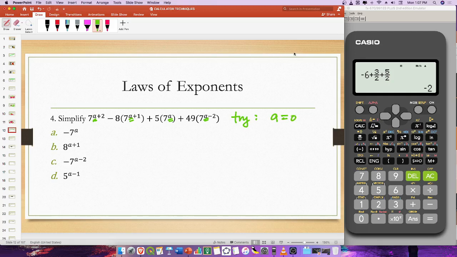Take note, when you try a equals 0, a equals 0 should also be substituted to all of the choices here. So let's try to substitute a equals 0 to this one.